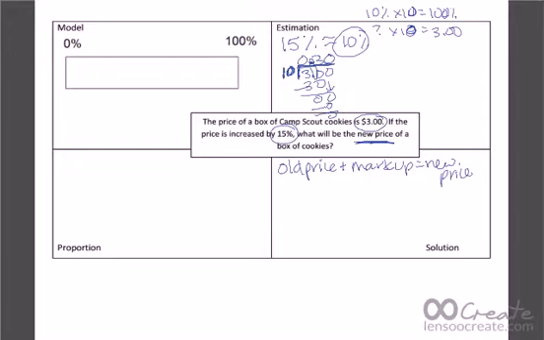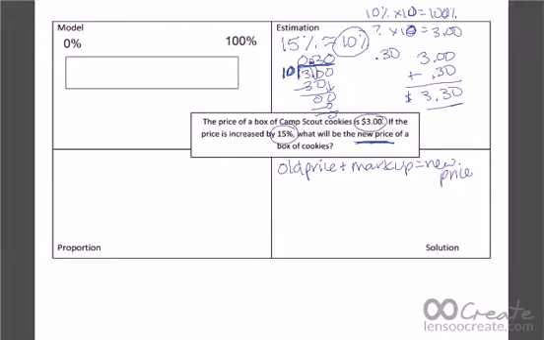So 30 cents. So 30 cents is 10% of $3. So $3 plus 30 cents, $3.30. So that's my estimate. And 15% is a little bigger, so I want something a little bit bigger than $3.30.